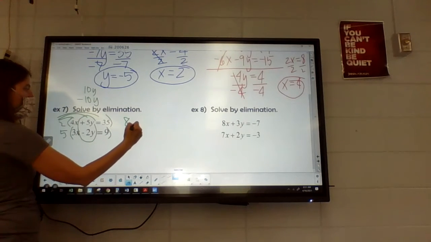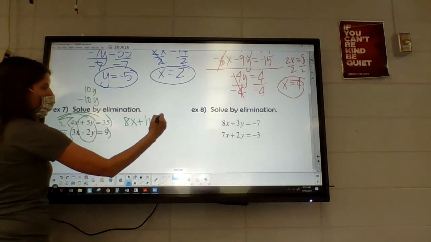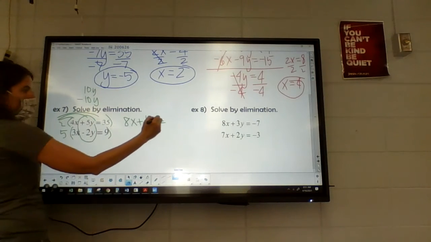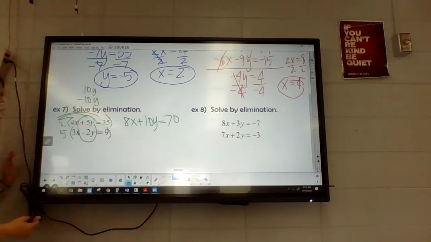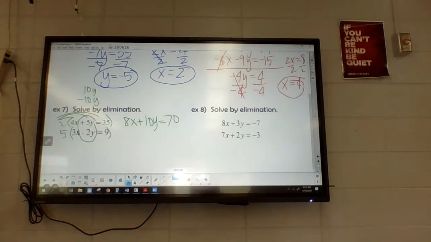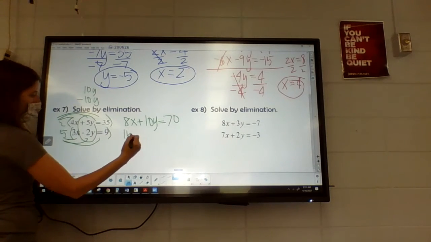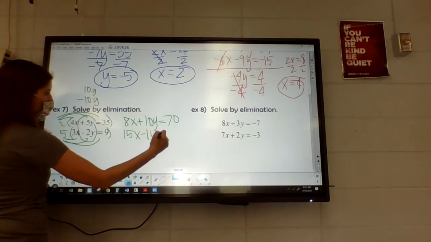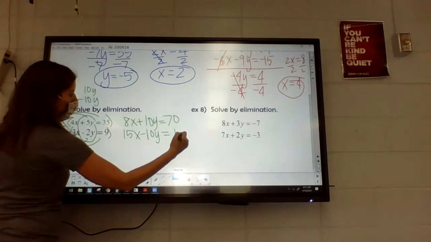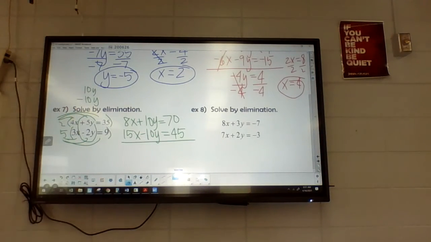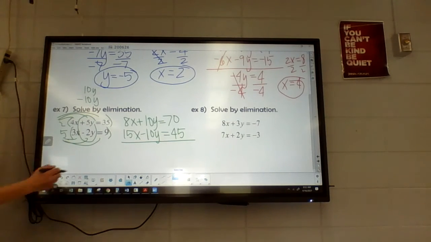So this becomes 8x and 10y, but don't forget to multiply by the 35, which I know is not nice, it's 70. Down here, this becomes 15x. We might need a calculator on this one, some big numbers here. I get 45. I always found these types of problems kind of bizarre that they ended up working out to be nice numbers.